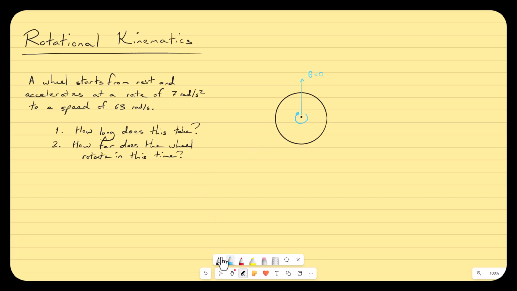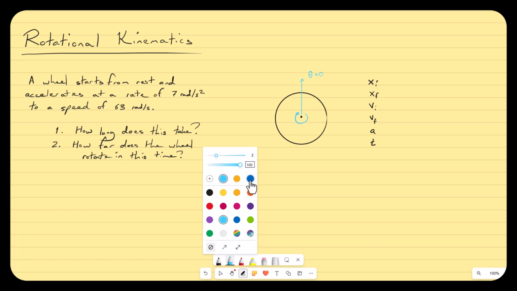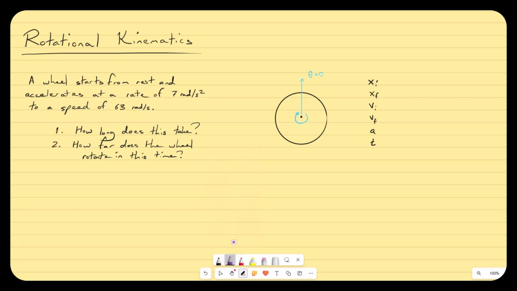And we've got a rotational rate, so I'm going to just jump right into setting up a table. Back when I did linear kinematics, I would have set up this table. But these aren't the quantities I'm working with anymore, so I want to change these. I'm going to set up instead a table of the rotational quantities.